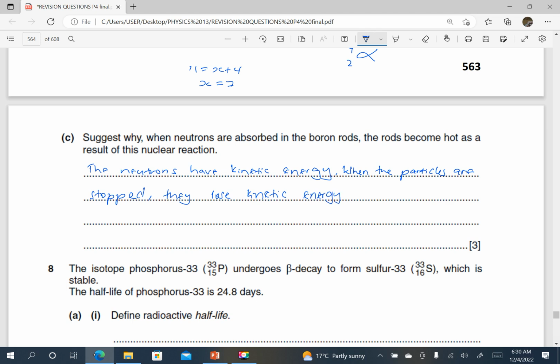So when they are stopped, they lose kinetic energy in the rods. The kinetic energy is the one which is converted.